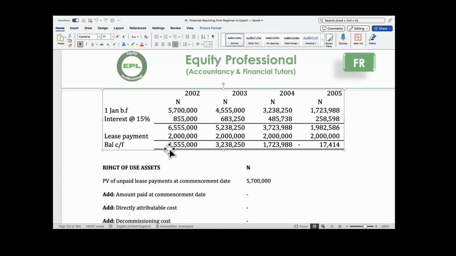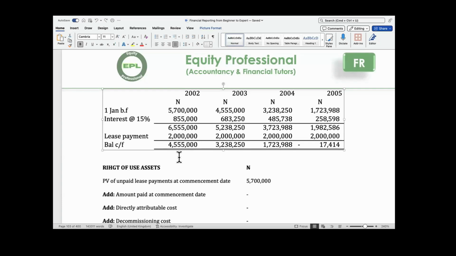The easiest way for you to do this separation of this 4.5 million between current and non-current in the exam is to look at, okay, in 2002, my liability is 4.5 million. So what portion is current?